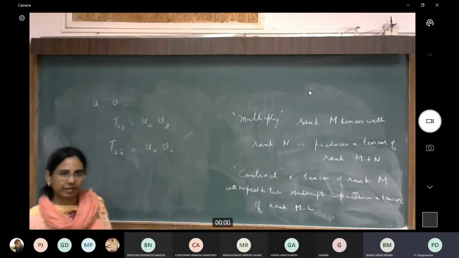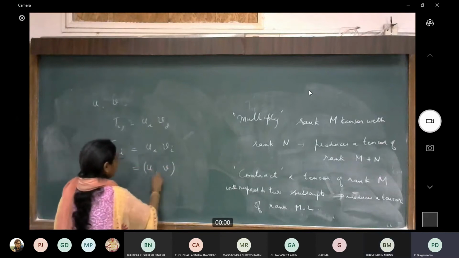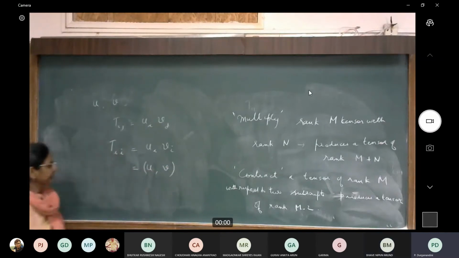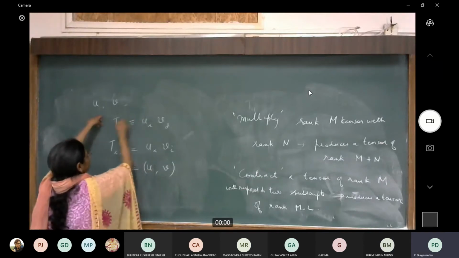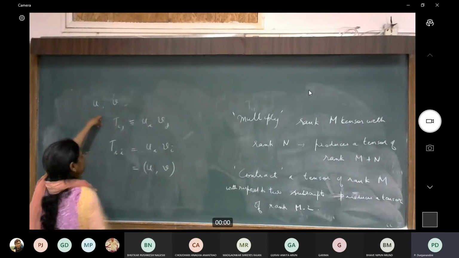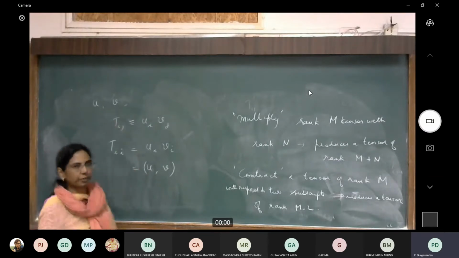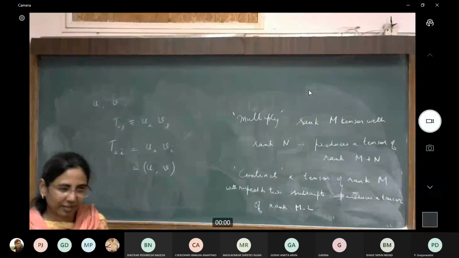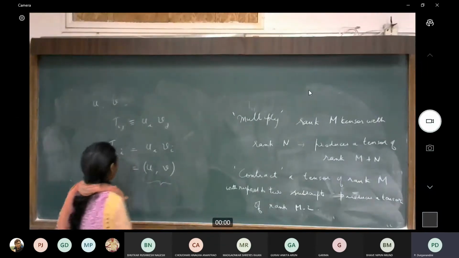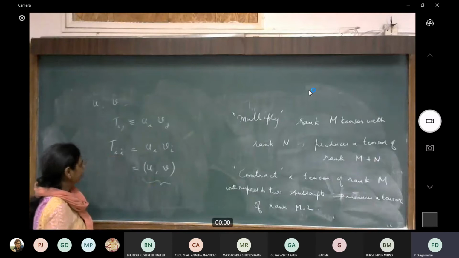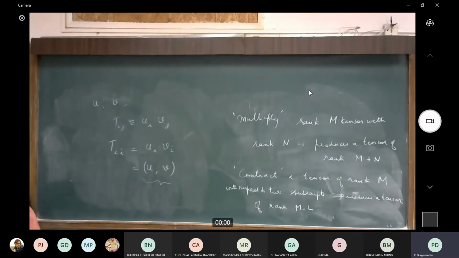Inner product of u and v. And you know that the inner product transforms like a scalar. So if I define the outer product of two vectors and produce a second rank tensor, then the trace of that second rank tensor is nothing but the inner product of those two vectors. And we have already demonstrated that the trace of a matrix is a scalar.